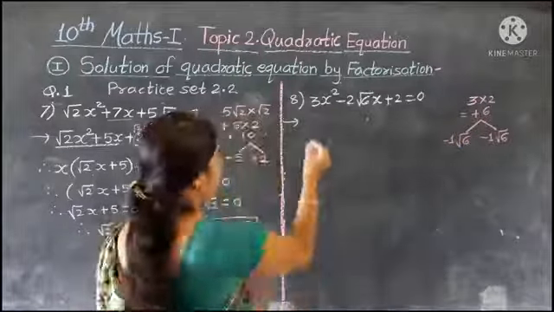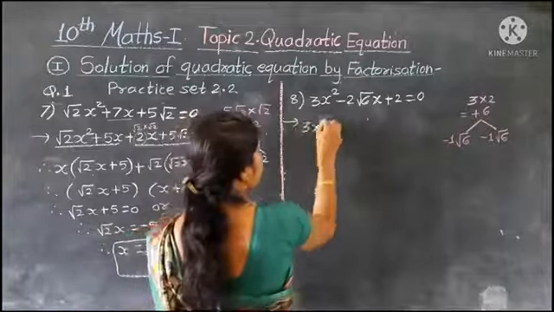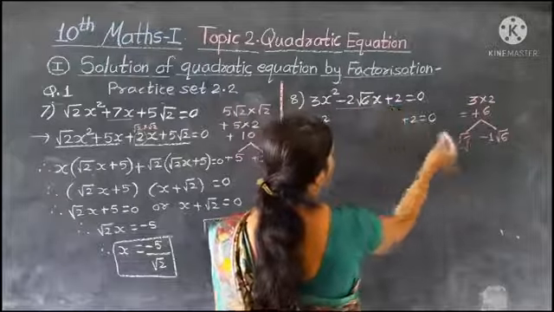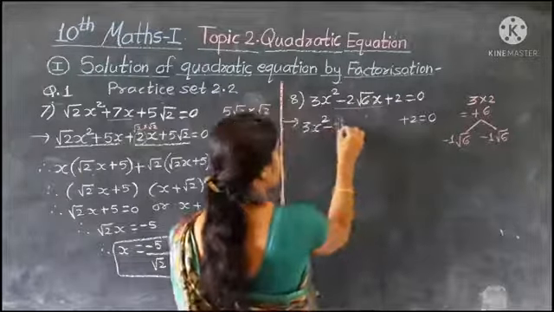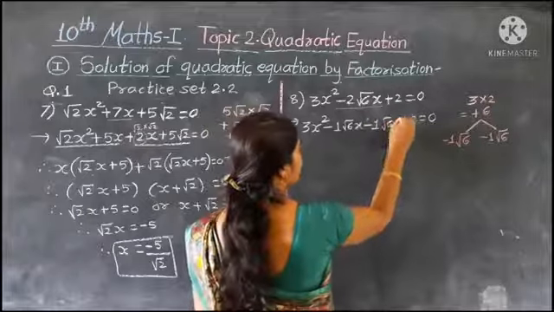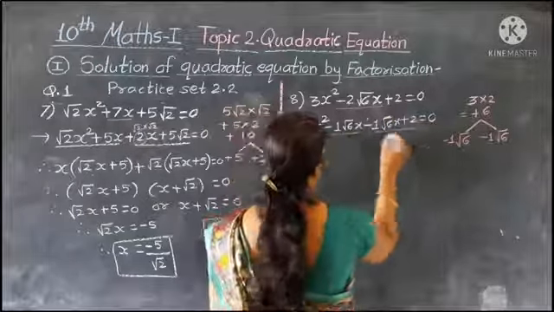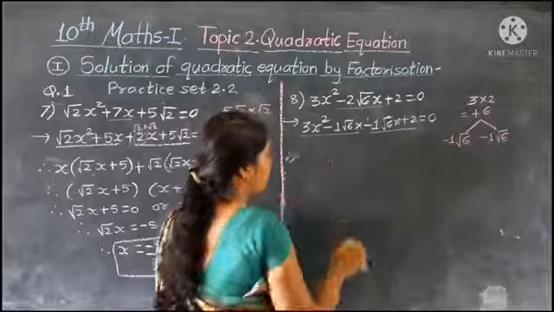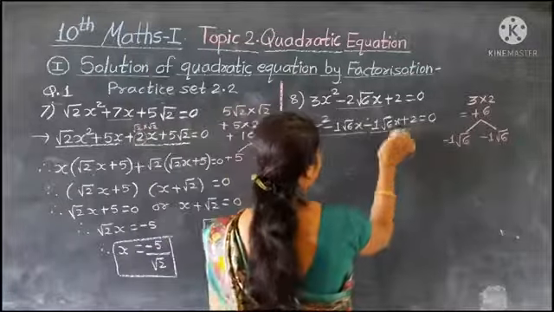Now write first this 3x square as it is and here plus 2 as it is. We write minus 2 root 6x as minus 1 root 6x minus 1 root 6x. Take group. What is common here? See, before grouping you further simplify.